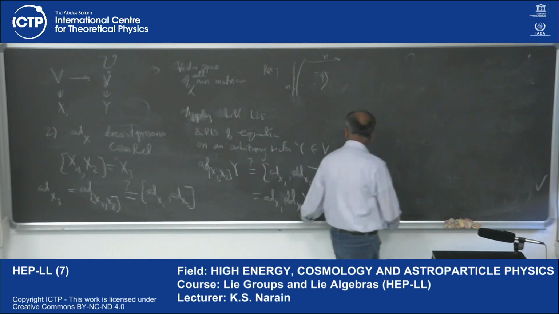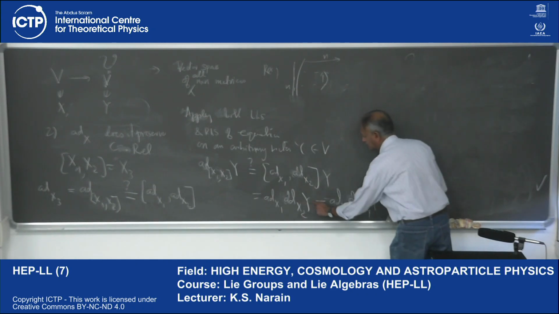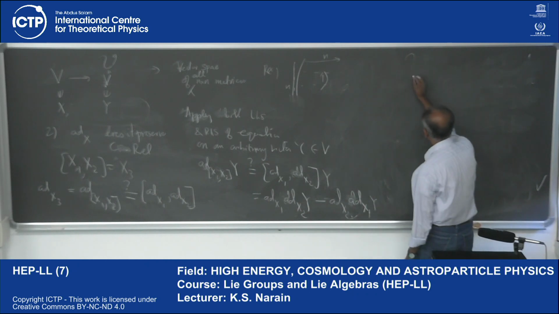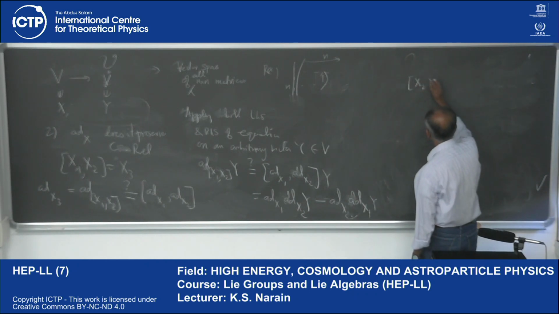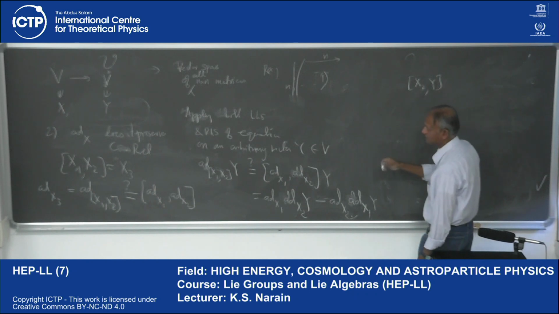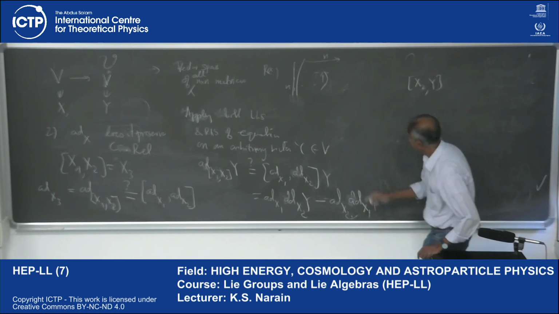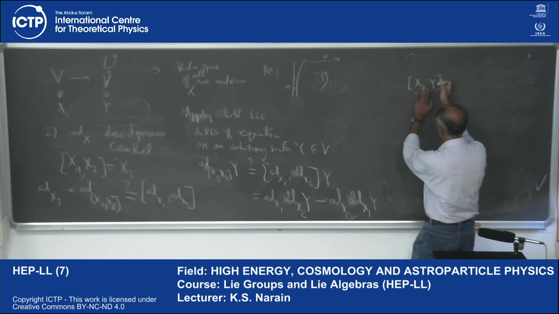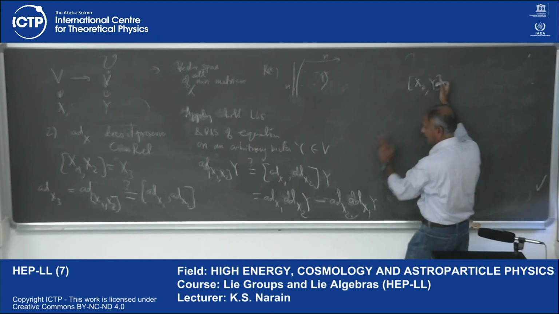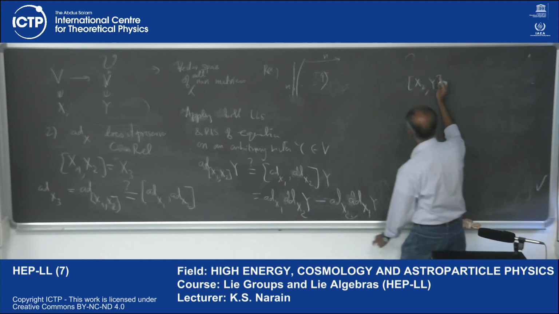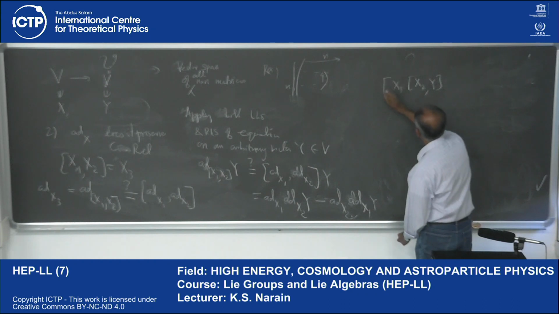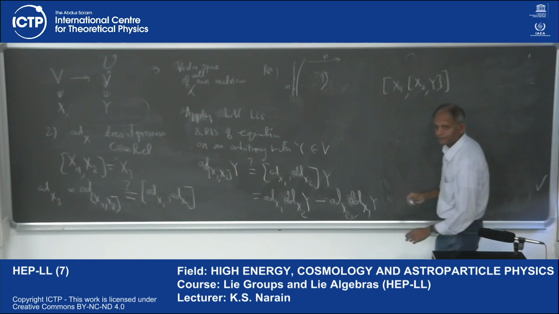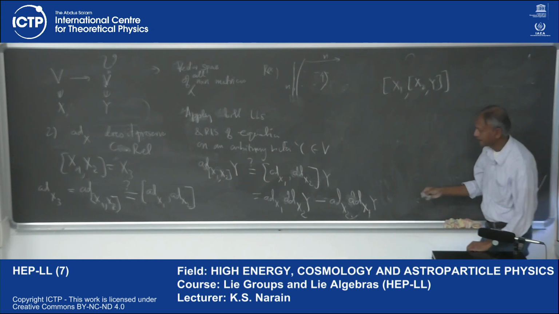So first let's look at the left-hand side. ad x2 acting on y is simply the commutator [x2, y]. That was the definition. And then on this, which is again an element of the vector space V, I apply ad x1, so it's going to be a commutator of that. That's the first term.